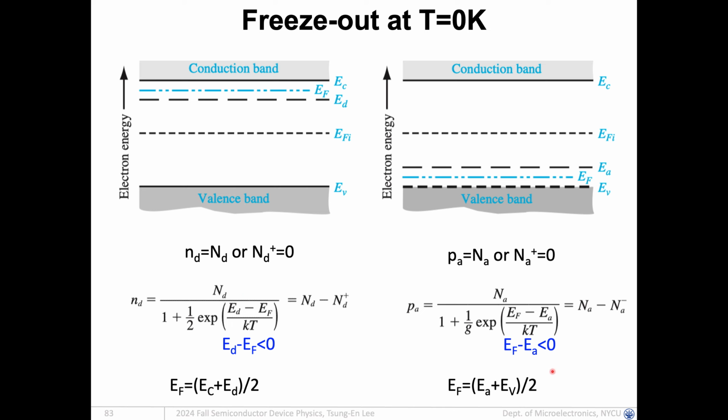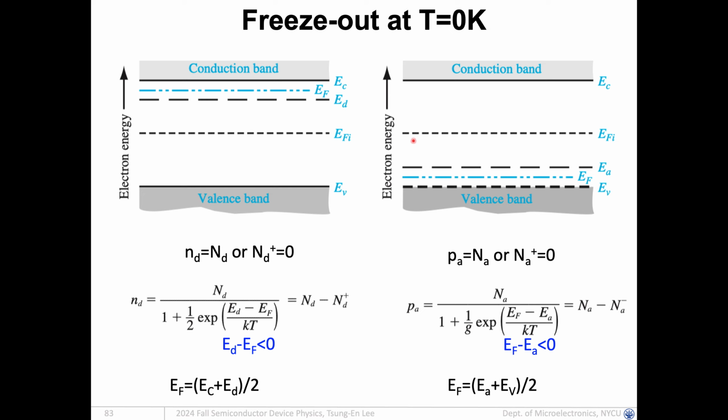And that also holds for the freeze-out of holes, as a similar concept. It means that the holes totally remain in the acceptor level, and the Fermi level in this freeze-out situation is in between the valence band edge and the acceptor level.